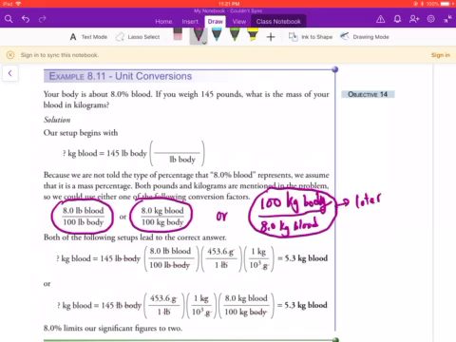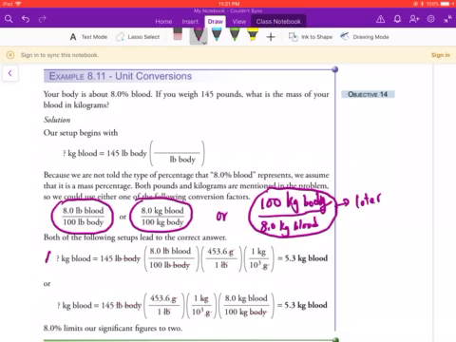So what was the question? You were given that you weigh 145 pounds total and you have 8.0% blood, and asked for the mass of blood in kilograms. Let's not do kilograms yet. Let's just do pounds, and then we'll convert to kilograms.